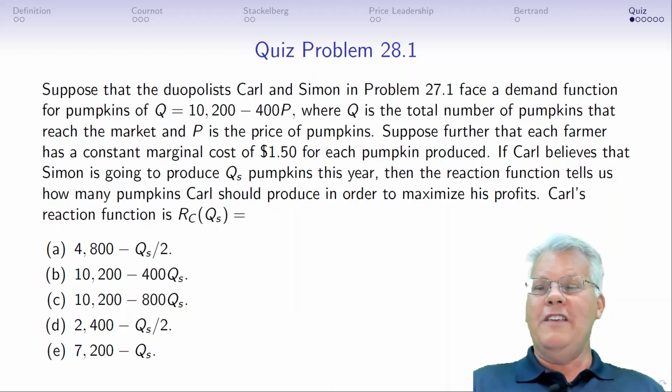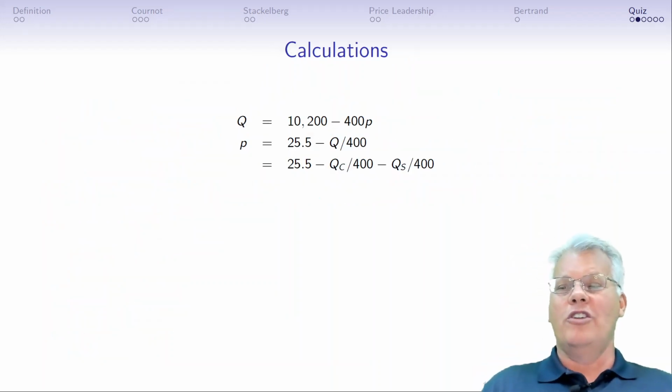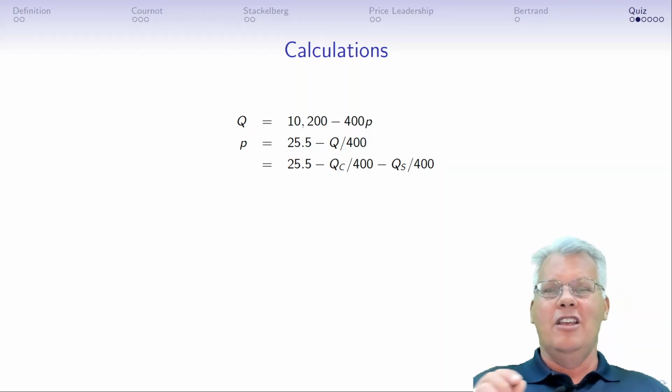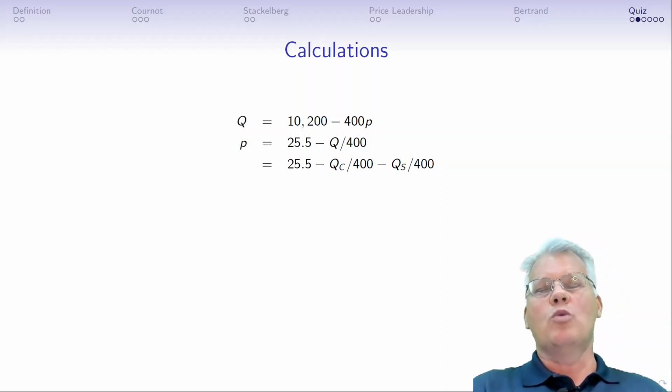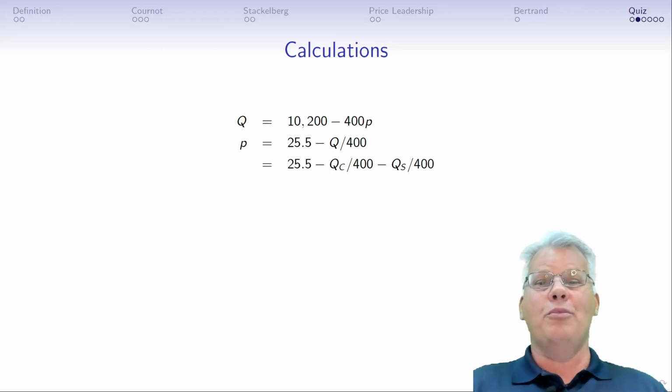If Carl believes Simon is going to produce Q sub S pumpkins, we need Carl's reaction function. So remember, of course, to get Carl's reaction function, we set marginal revenue equal to Carl's marginal cost and solve for Carl's output.